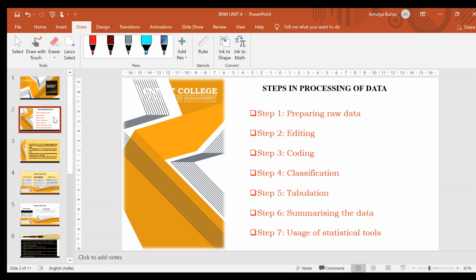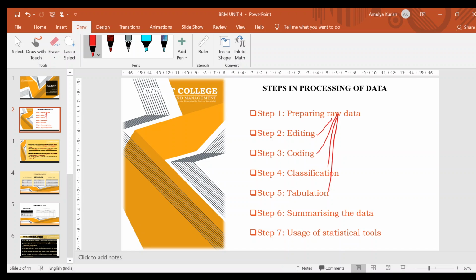So the data can be collected in various forms of data collection method. So in order to prepare it, we have to make it something which can be used. So for that purpose, we will be using four methods. First one is editing, second one is coding, third one is classification, and the fourth one is tabulation.